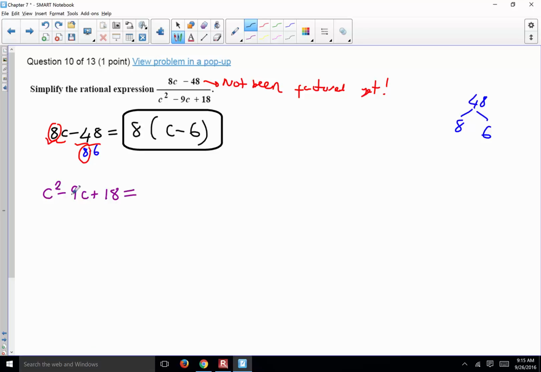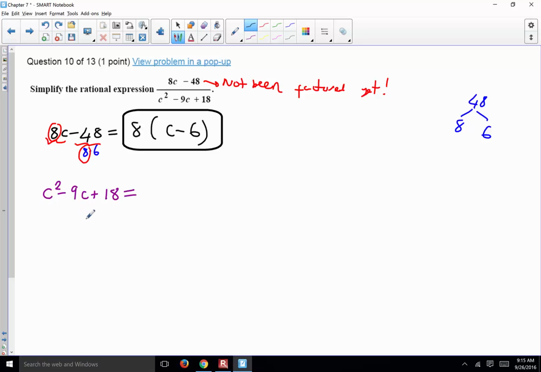No. C's are in the first two, but not in the last one. 9 is in the second and third one, but not in the first one. Nothing common in all three terms. Then we need to try a method from chapter 6. What is it called? Trial and error, AC method.